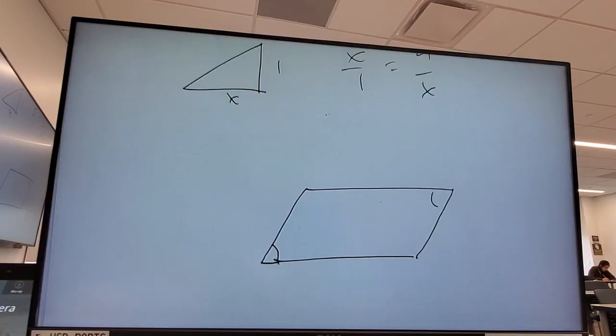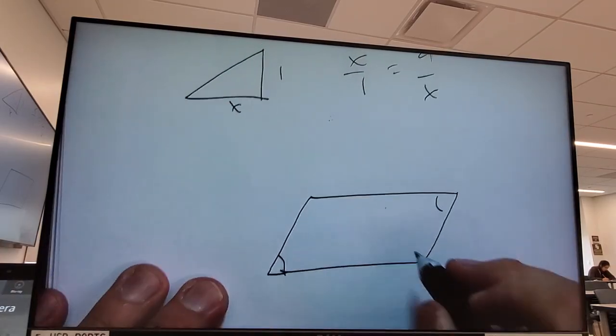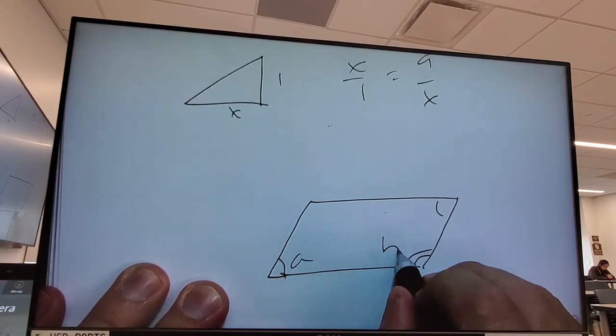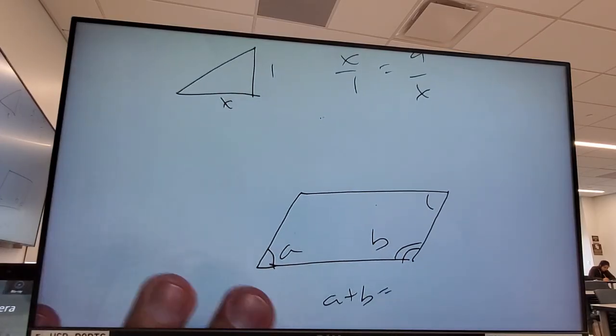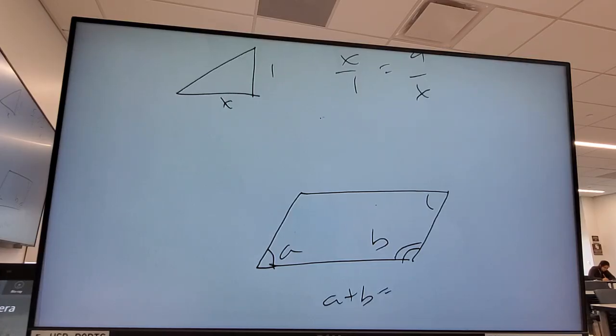And angles that are across from each other, like these two, what must A plus B be? 180, yeah. So if you use those two facts, you can reason out number 7. You can show that it does have to be a rectangle. That's probably a third way to do that, or a fourth way, a fifth way that I didn't even think of.